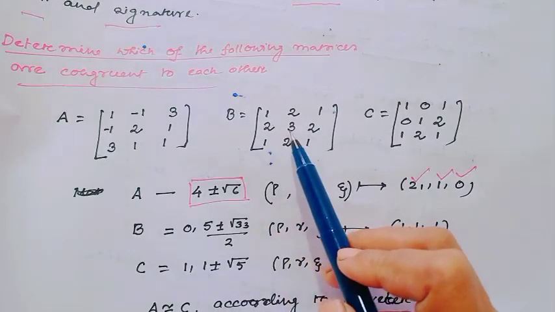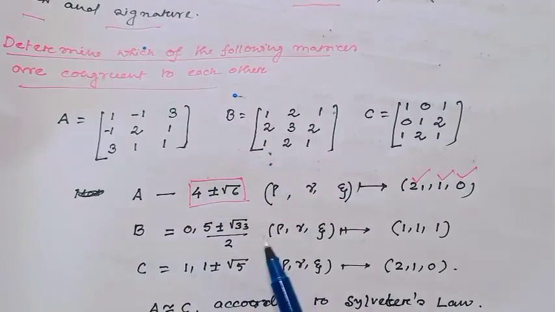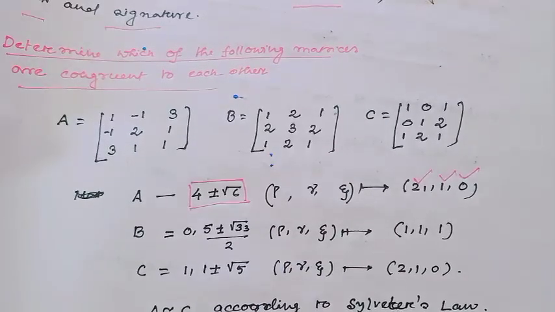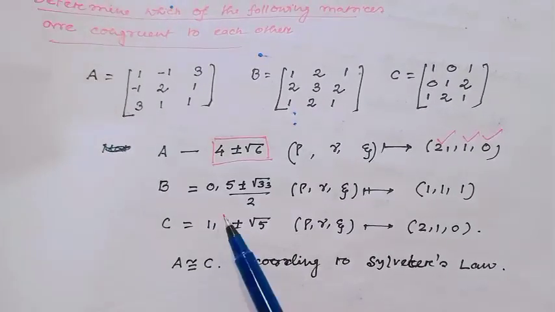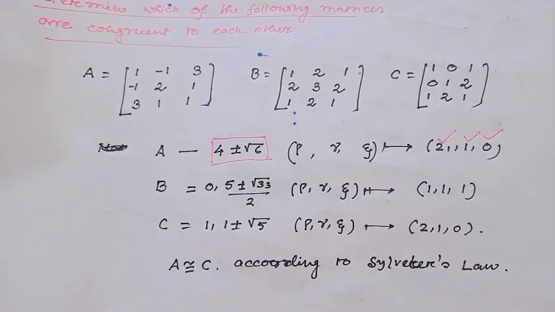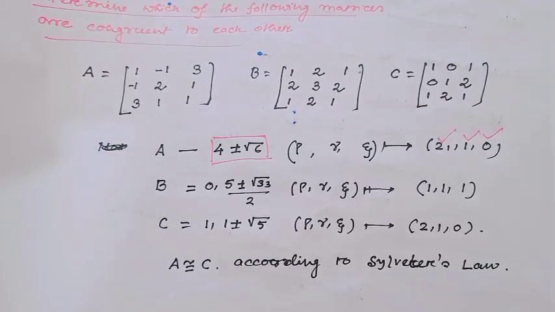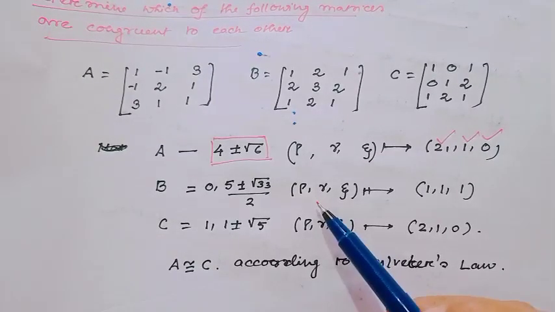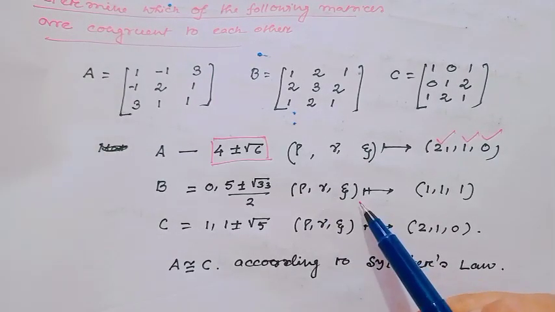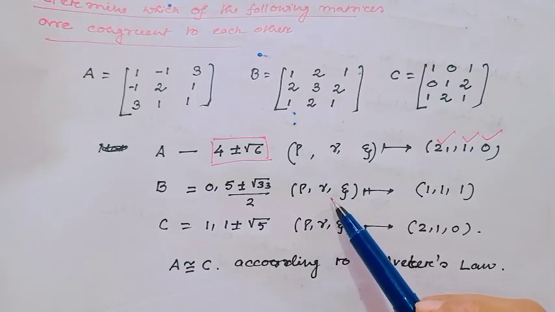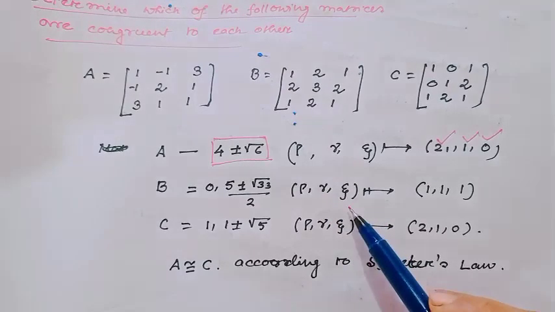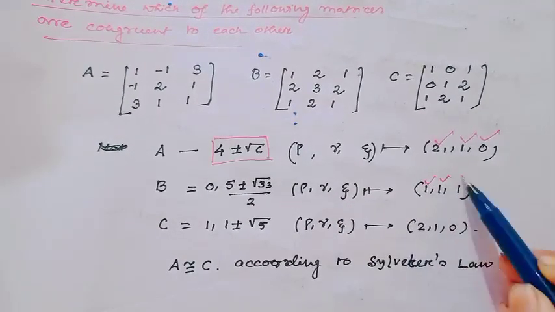And for the matrix B, consider the eigenvalues. Find the eigenvalues. These eigenvalues would be 0, and (5 plus minus square root of 33) over 2. And here rho, sigma, chi, meaning the numbers of positive, negative and zero eigenvalues, would be 1, 1, 1.